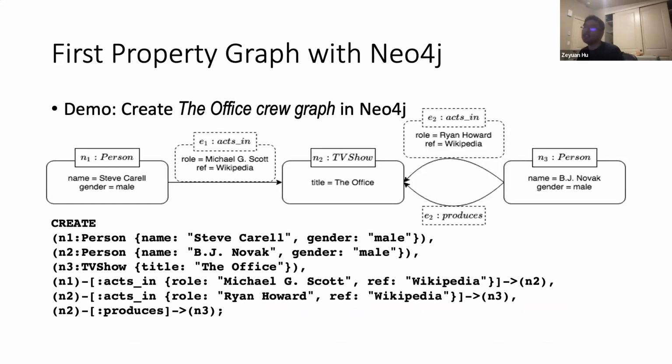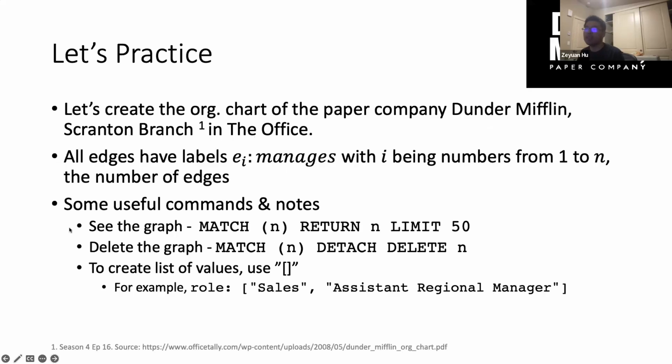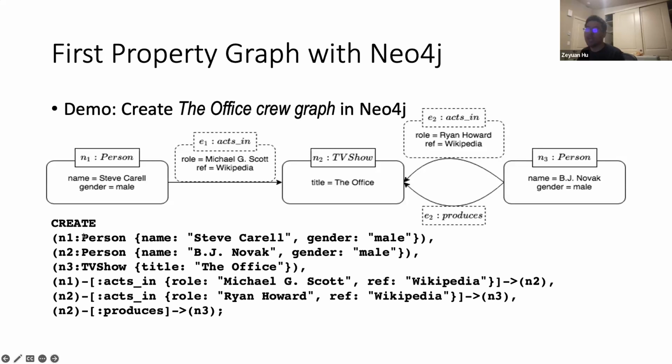Okay, so let's create our first property graph with Neo4j. Let's walk through this quick demo. Suppose we have our graph, and we want to create this graph in Neo4j. The syntax is: we have a CREATE, and then we just write out a bunch of nodes.